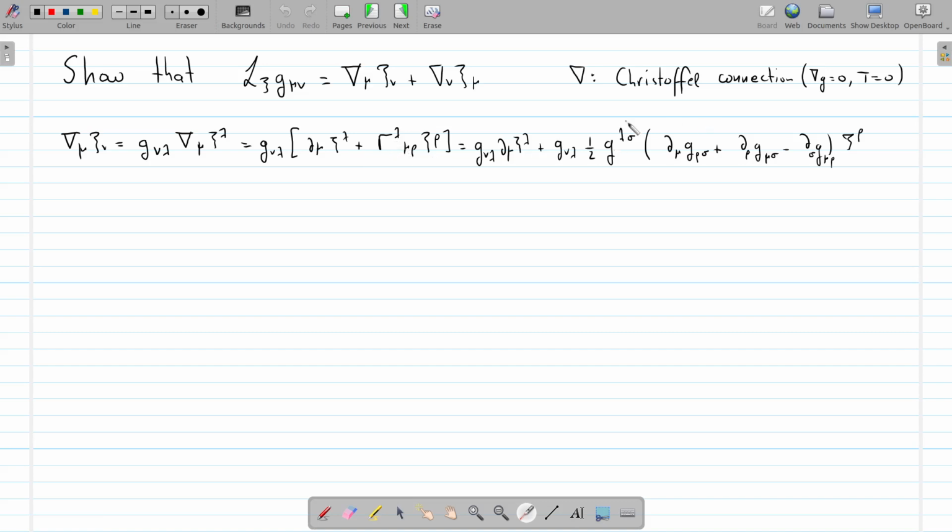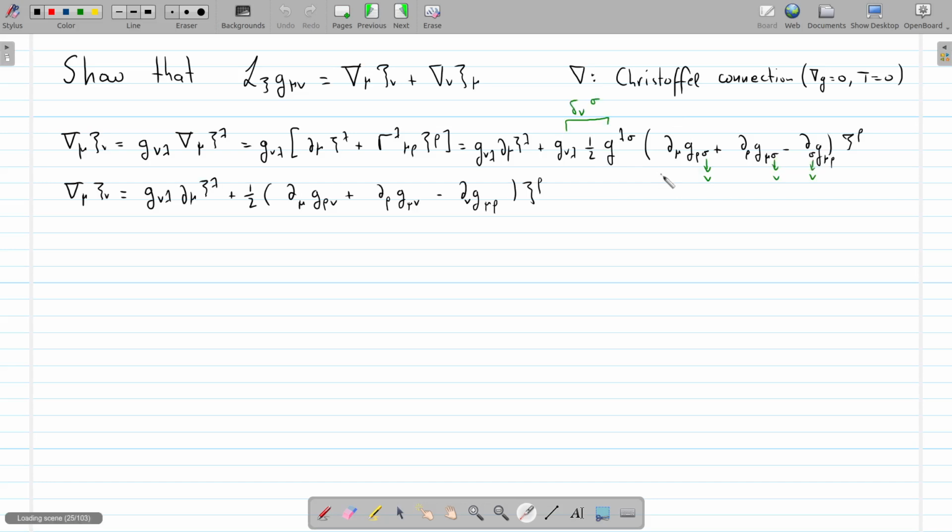Then use the fact that this is a Christoffel connection to substitute the Christoffel symbols by their expression that gives them in terms of the metric. And do a little bit of algebra. Notice that the multiplication of g with the inverse here gives a Kronecker delta that will make all those indices here to be equal to nu, and we obtain this expression here.